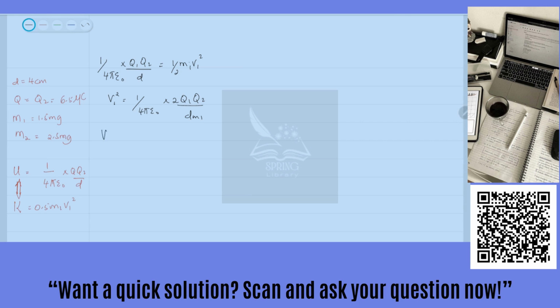So therefore we're looking at v1 equaling the square root of all these, right? 2 Q1 Q2 over 4 pi constant d m1.